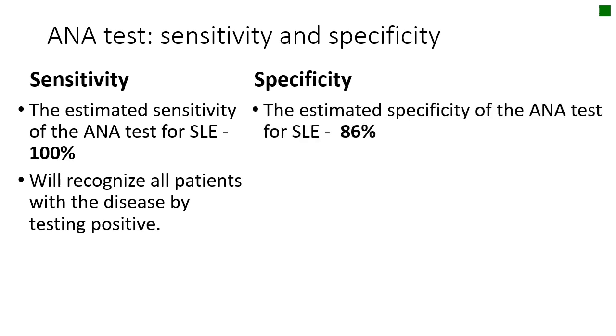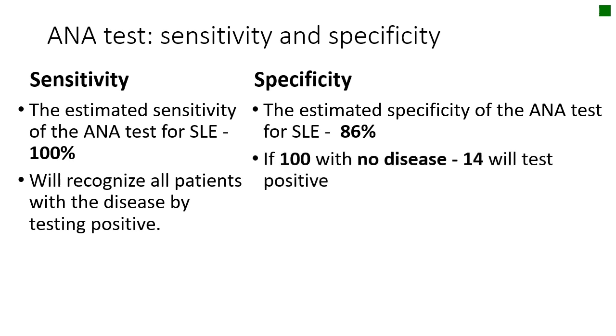But the estimated specificity of the ANA test for SLE is only 86%, which means that if there were 100 people with no disease, 14 people will still test positive. That means if I have a random mix of people who are having the disease and not having the disease, out of them, there'll be a good number of people who will test positive without having the disease. So that could be a red herring and lead you astray.